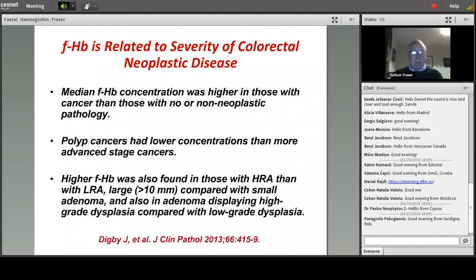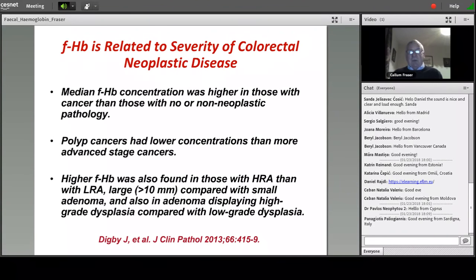So the fecal hemoglobin concentration is related to disease. And we have looked further into this, and we've shown that the median fecal hemoglobin concentration is much higher in those with cancer than those with no lesions or non-neoplastic minor lesions. Polyp cancers, small ones, have lower concentrations than bigger cancers, more advanced stage cancers.